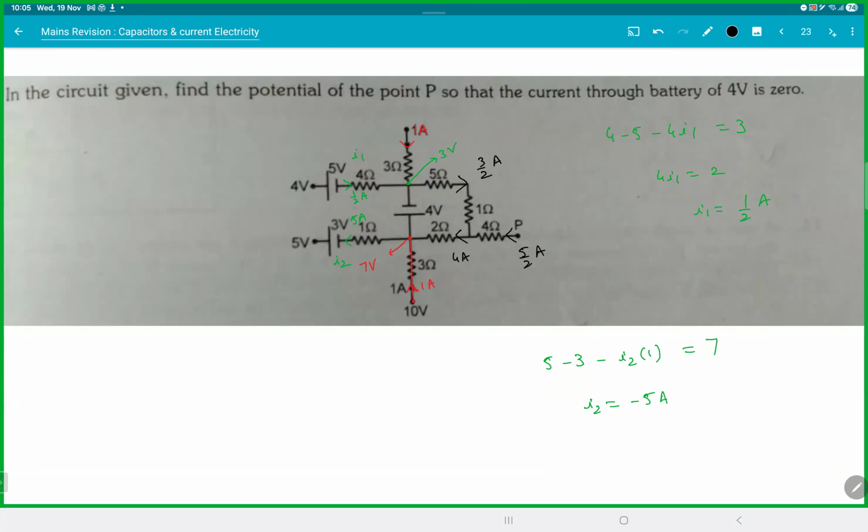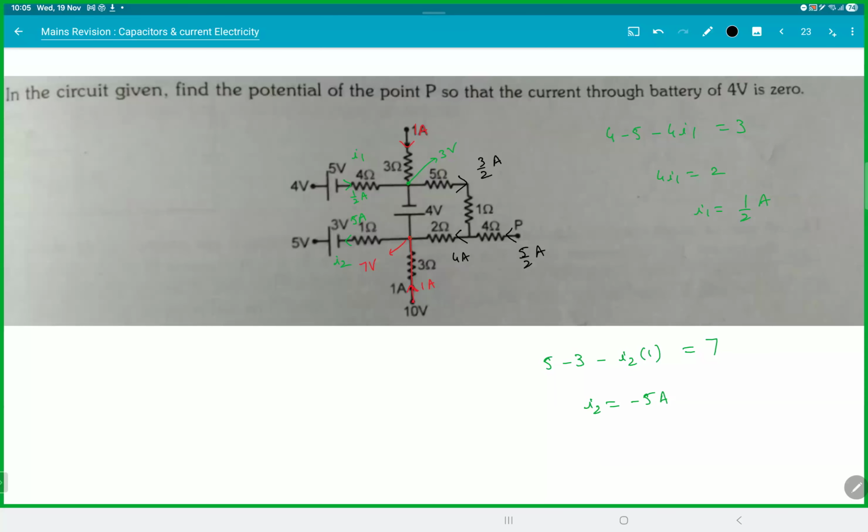Anyone? So I1 should be negative 1, no? The first equation that you wrote. I wrote 4 minus 5 minus 4i1 is equal to 3. If 3 comes here, 4, 3, 7 minus 5, 2. Did I write the equation wrong?